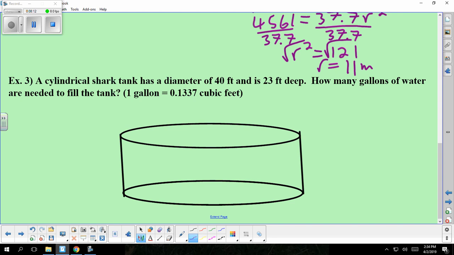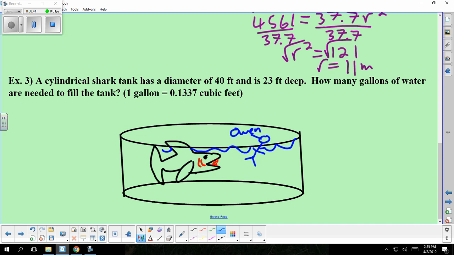All right, we can draw our shark tank. Gills. And there's Owen going first. And there's water in there.